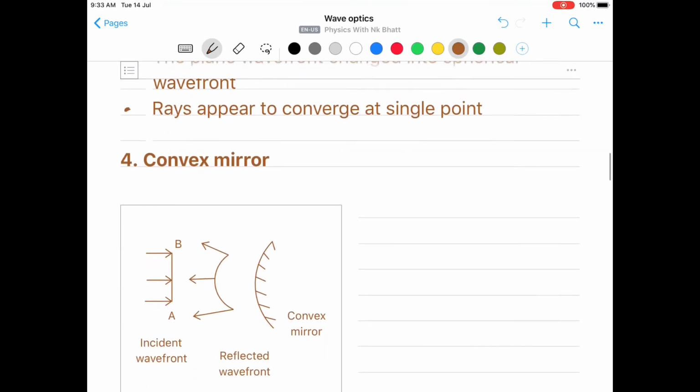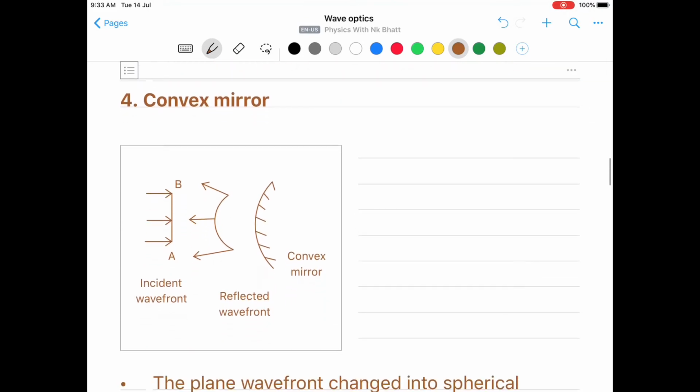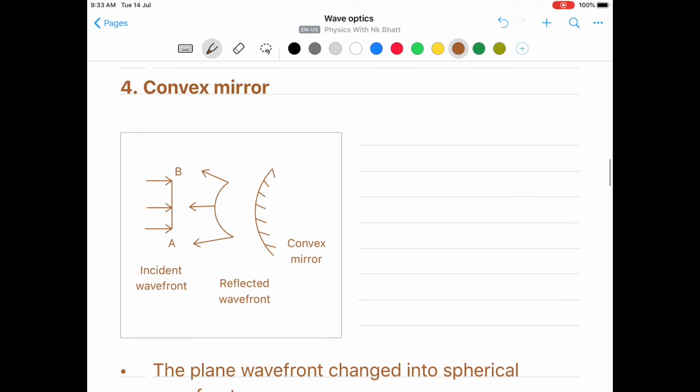For the mirror, if we go for another option, that is convex mirror, if the plane wavefront is made to fall over the reflecting surface of convex mirror, then you can see AB is plane wavefront which is incident over the convex mirror.